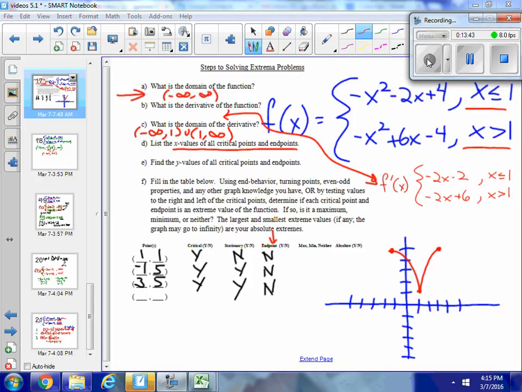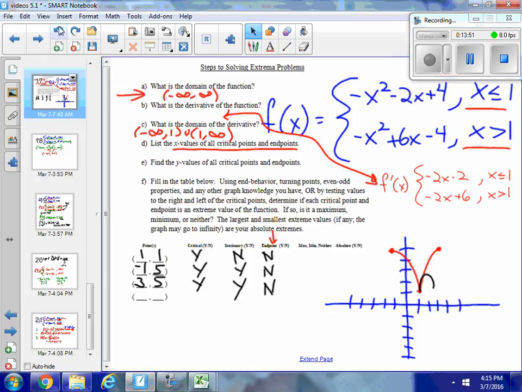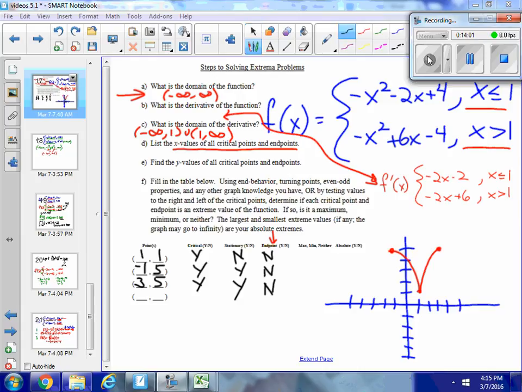I can't turn around anywhere in here or anywhere in there, because in order to turn around, I would need to have a critical point, and I don't have any other critical points. So I know that those are going to be going up. So the point 1, 1 at least is guaranteed to be a minimum.